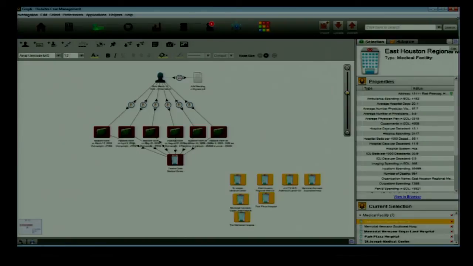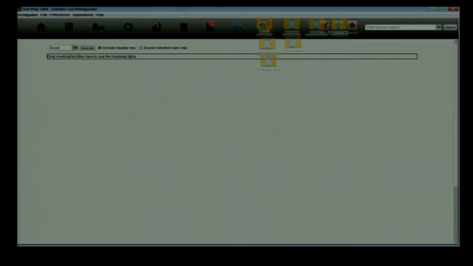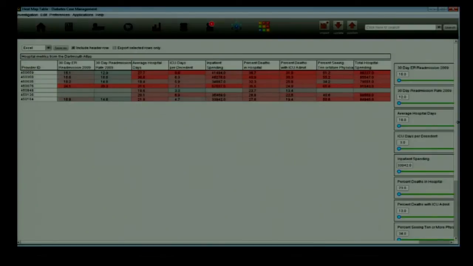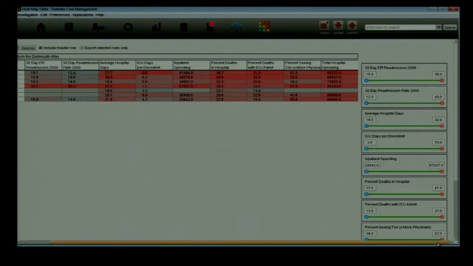And like I said, I've added in additional data sources to understand how these hospitals compare on a couple of different quality outcome metrics. So I'm going to drag them to my heat map helper, where I can fine-tune across multiple variables.